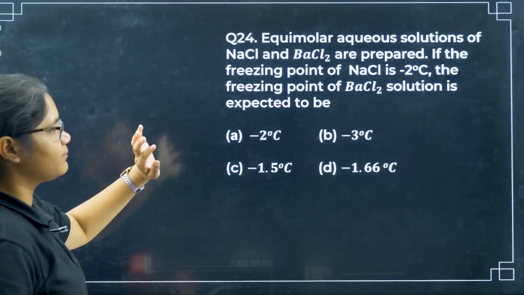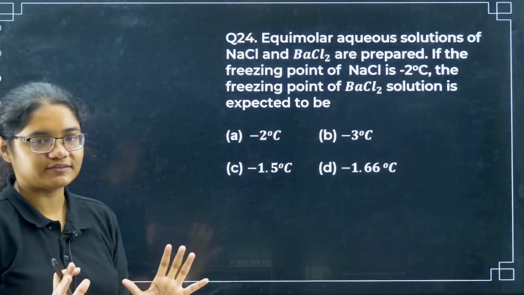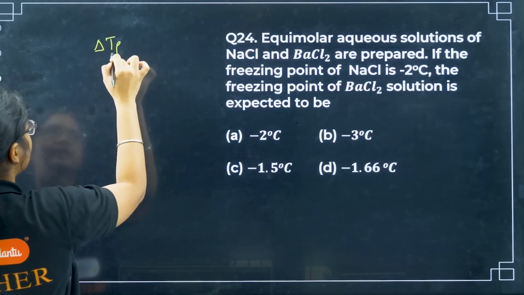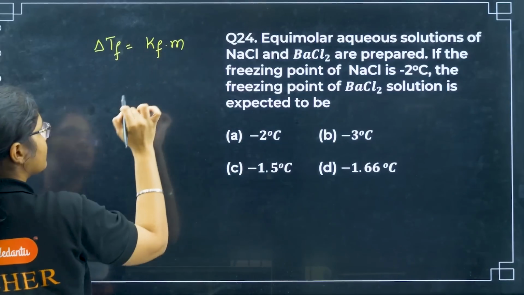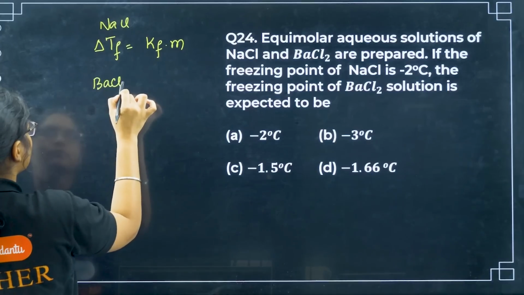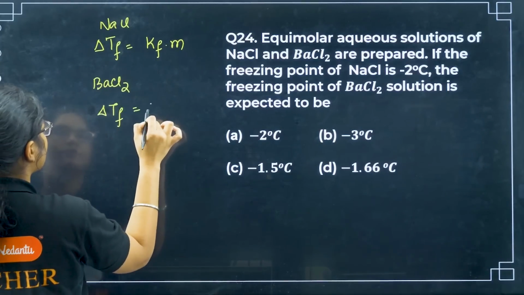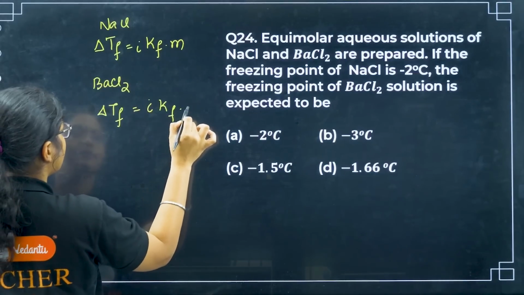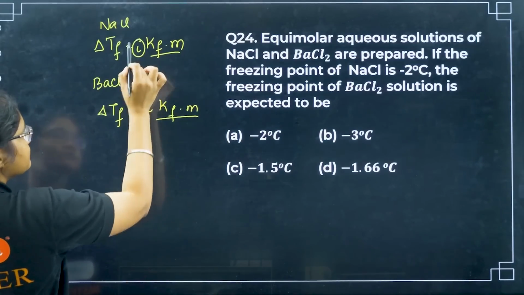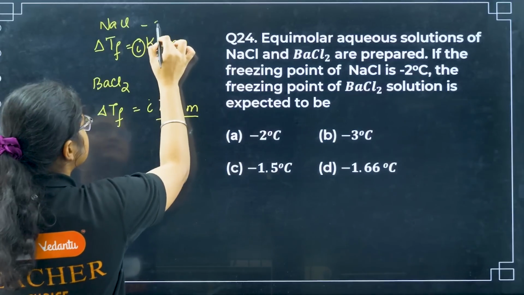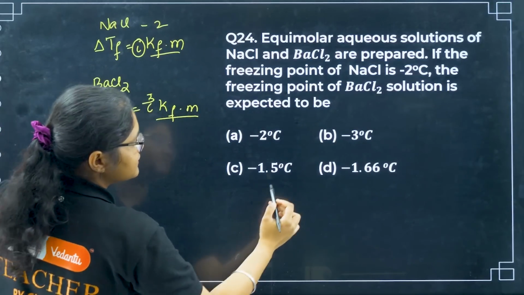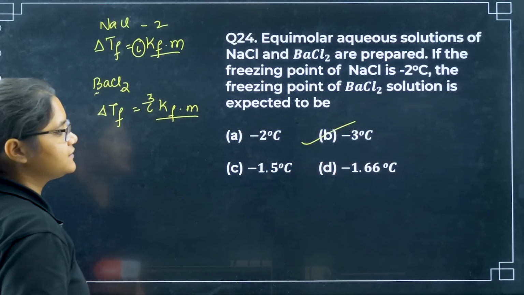Equimolar means same molarity. So for NaCl, delta TF is equal to i Kf M, and for BaCl2, delta TF is also i Kf M. Kf M will be the same, so the i value will decide. For NaCl it is 2, and for BaCl2 it is 2 plus 1, 3. So the answer has to be -3 degrees Celsius.